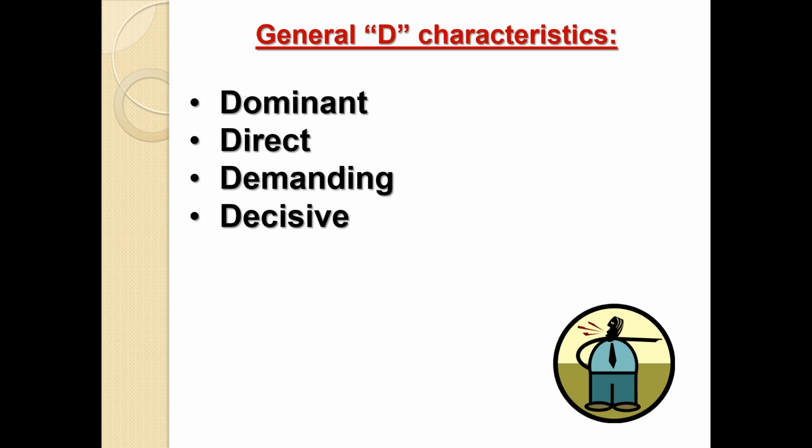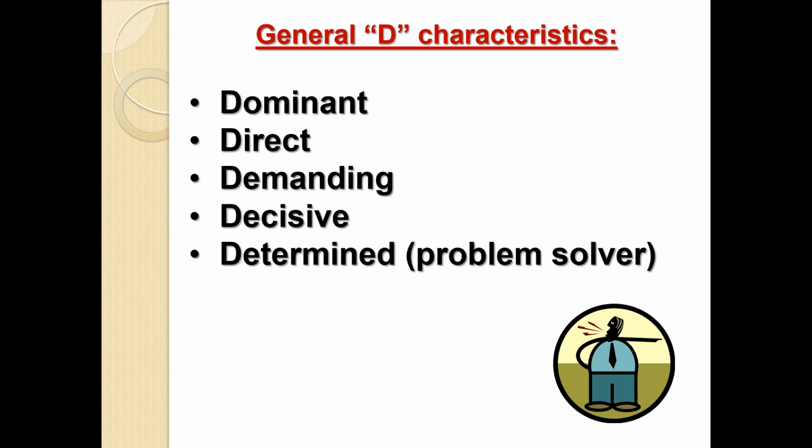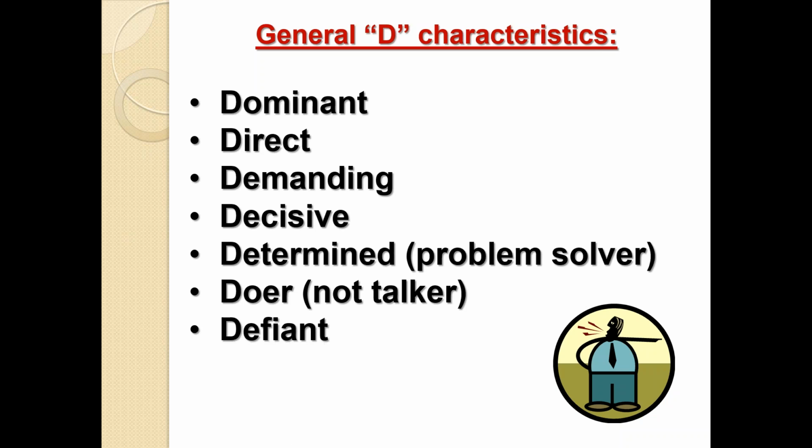They're decisive. They know what they want, where they want to go. They're determined. They're definitely problem solvers. There's no doubt. They're doers. They're not talkers. And they can be a little bit defiant. They can go against the rules a little bit and do it their way. They're absolutely risk takers.